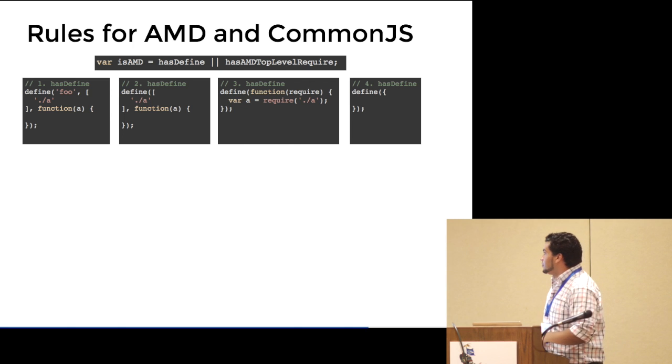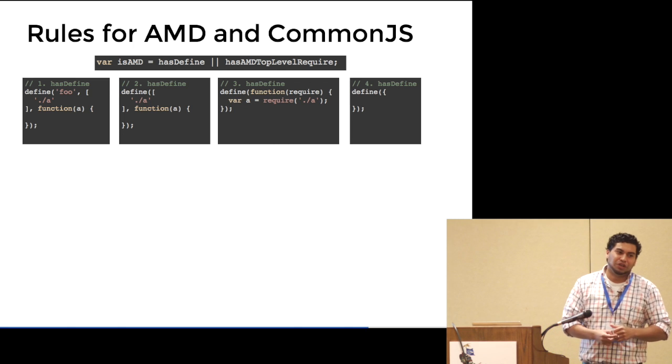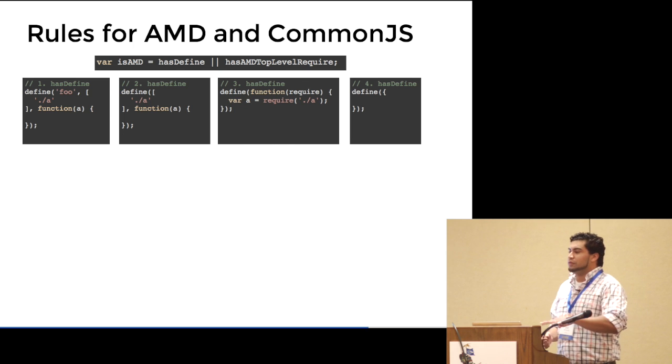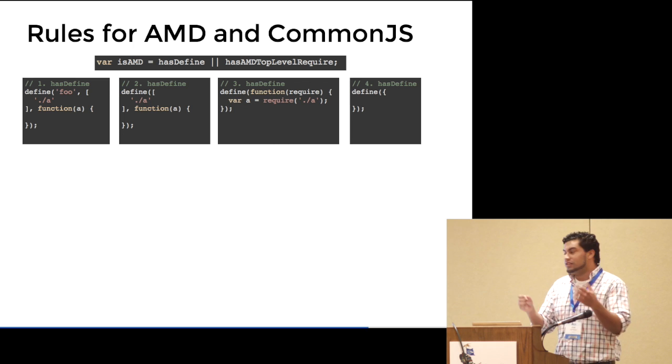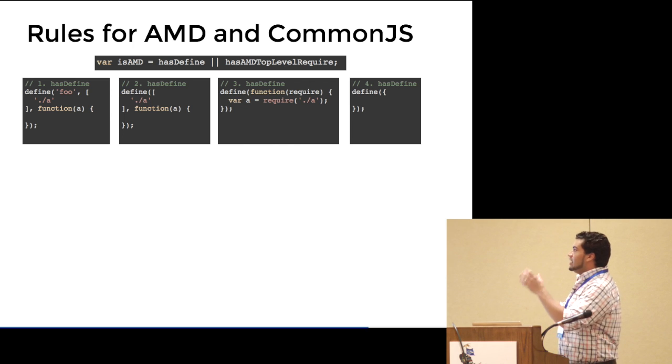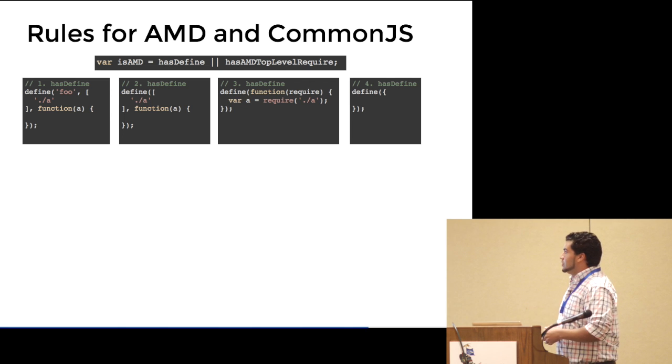Let's see some examples. AMD is pretty peculiar in that it has 4 different syntaxes for how you use the define function call. Okay? So it's not just a define function call. It's, in the first case, a define function call that has a string argument as the first argument, and then an array of dependencies, and then a function.